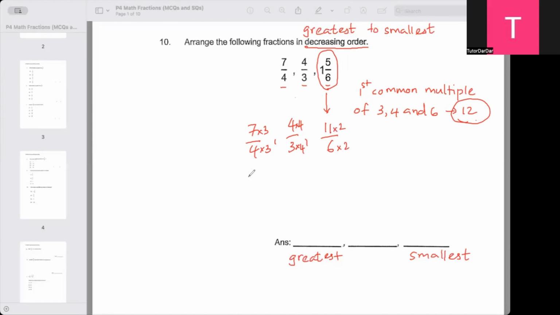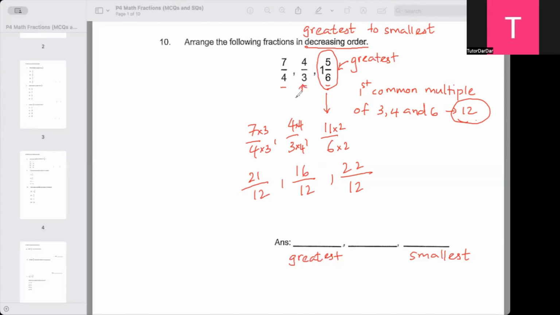So what do we have? 21/12, 16/12, 22/12. So based on this, we can see this is the greatest. Which one is the smallest? 16/12, which is this.